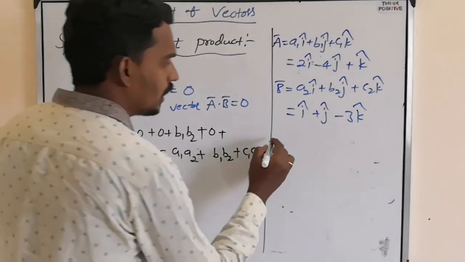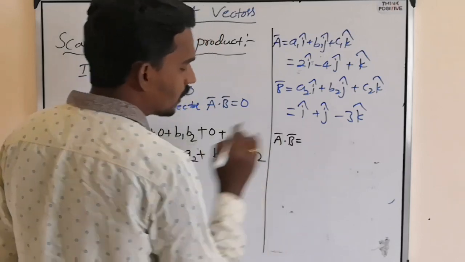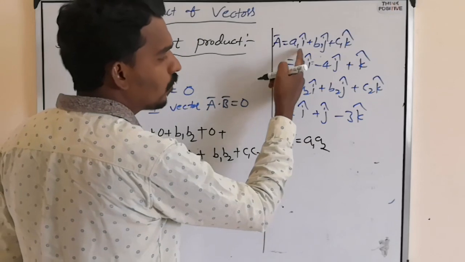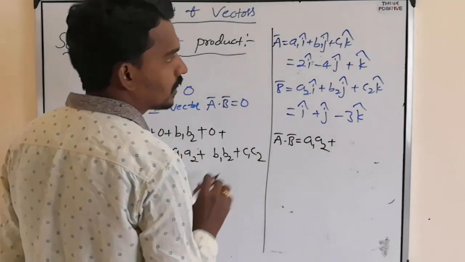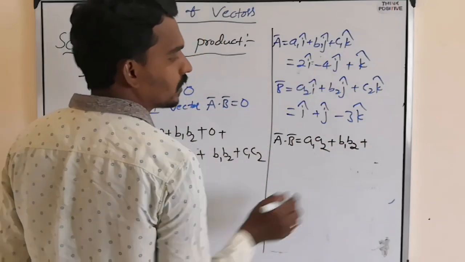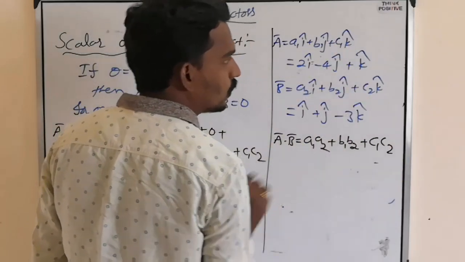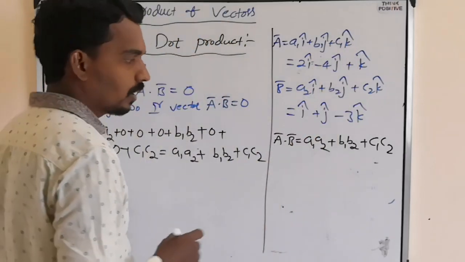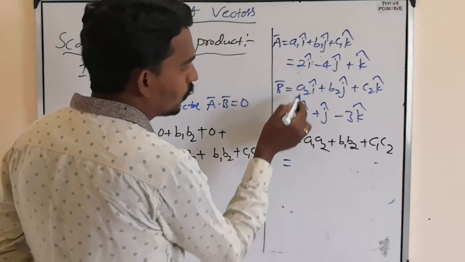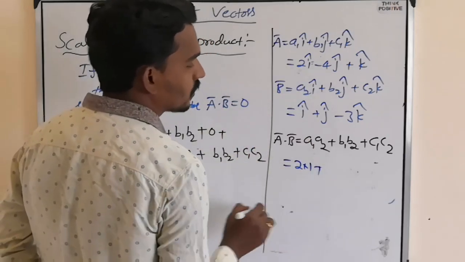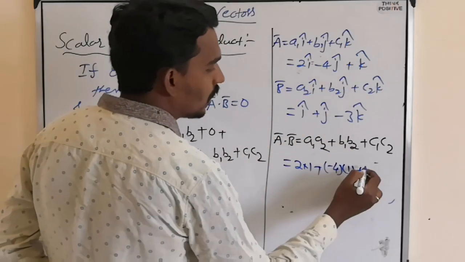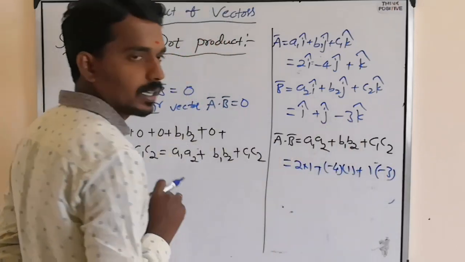Now a bar dot b bar equals a1 a2, that is i coefficient into i coefficient, plus b1 b2, j coefficient into j coefficient, plus c1 c2, k coefficient into k coefficient. So it becomes 2 into 1 plus minus 4 into 1 plus 1 into minus 3.